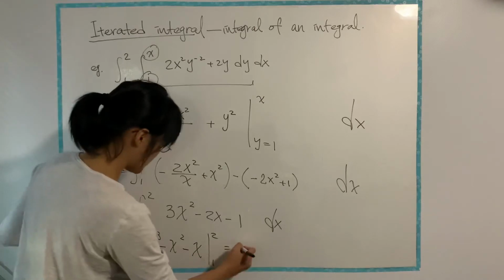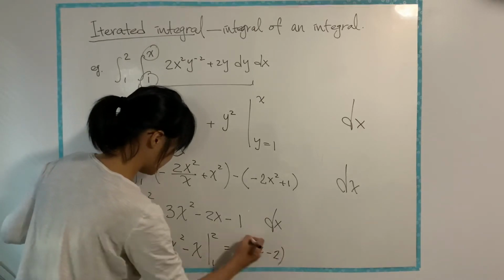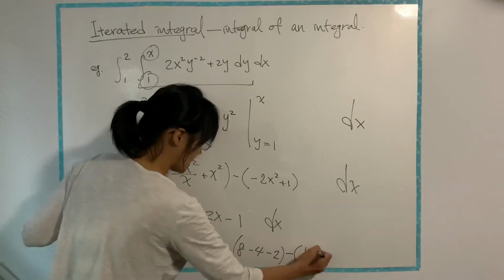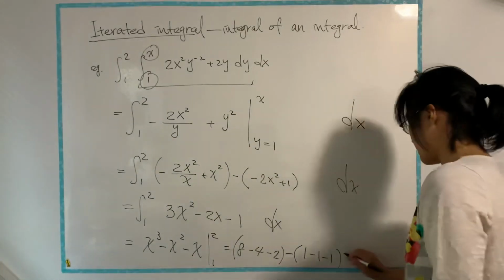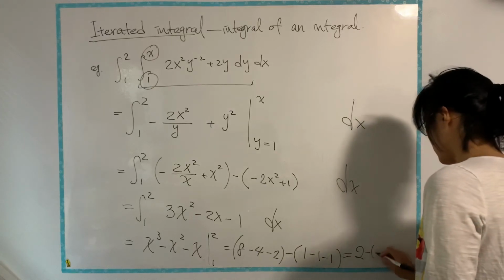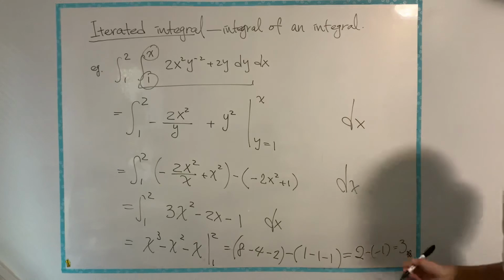This gives me 8 minus 4 minus 2, whole thing minus 1 minus 1 minus 1. The first parenthesis gives me 2, and the second one gives me minus 1, so I get 3 as my final answer.